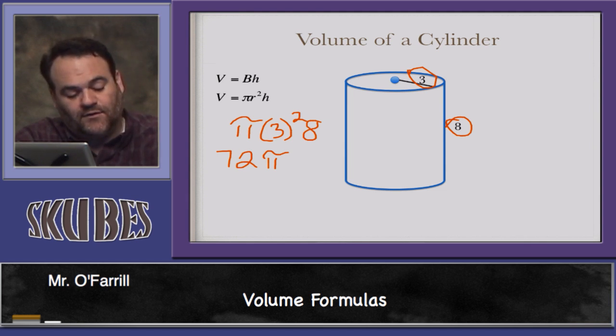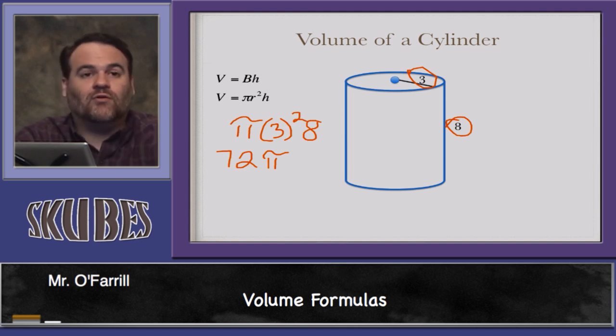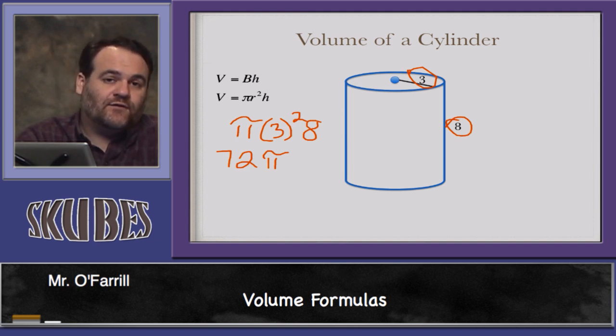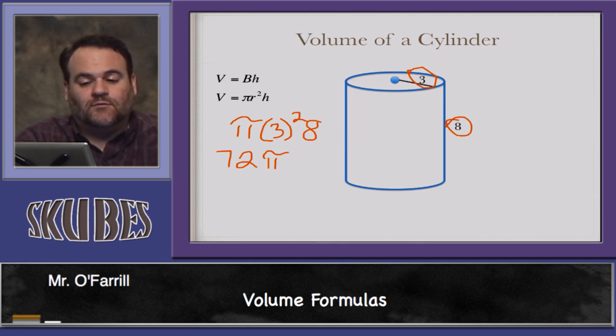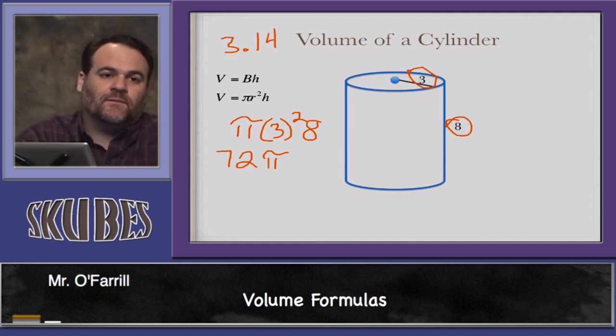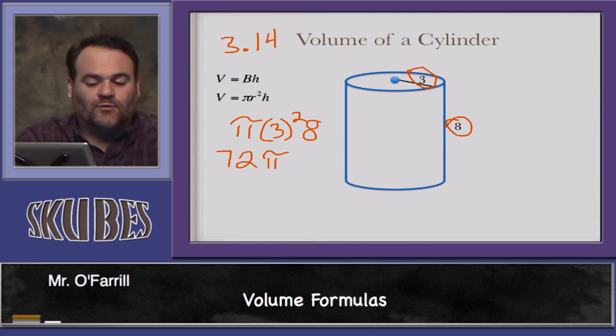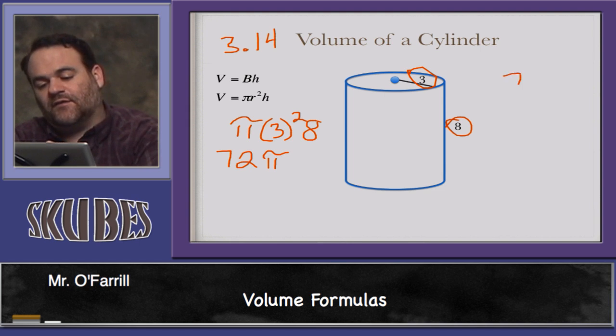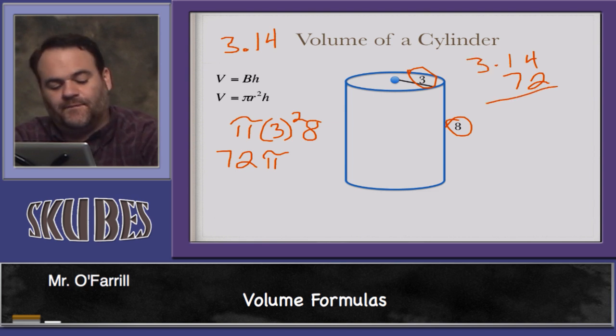Now, sometimes you're asked to approximate the answer. If you're being asked to approximate the answer, most people use 3.14 as a close value for the real value of pi. So all we need to do is multiply 72 times 3.14.